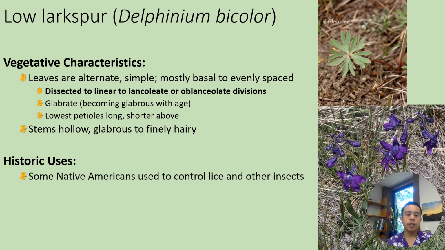Historically speaking, indigenous tribes used this plant to help control lice and other pest insects. In more recent times, it's been used as an ornamental species because larkspurs, as you could have seen on the previous slides and this slide, can often create some showy flowers that people enjoy.